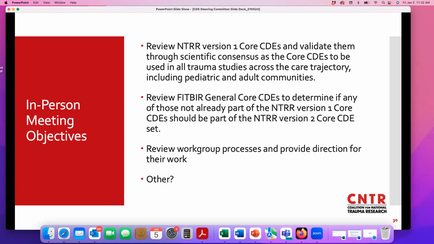Sure. That makes sense. That's why I try to put that conversation in a lot of these meetings, because if you're really going to look at core elements that can be collected across all trauma studies, trauma is a really big space. It's really, really big, which means that core set's going to be really small.